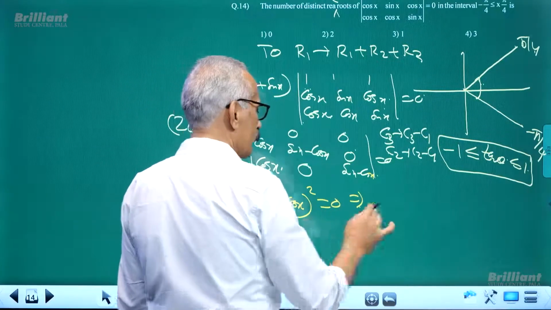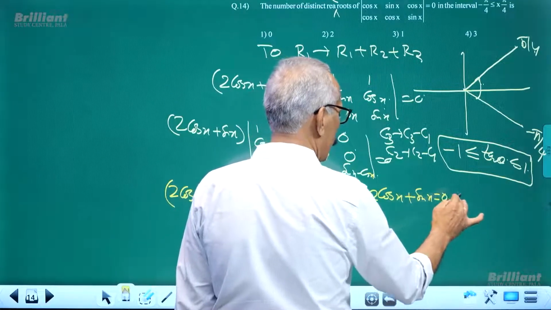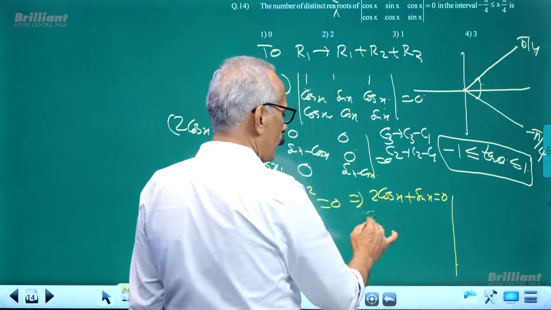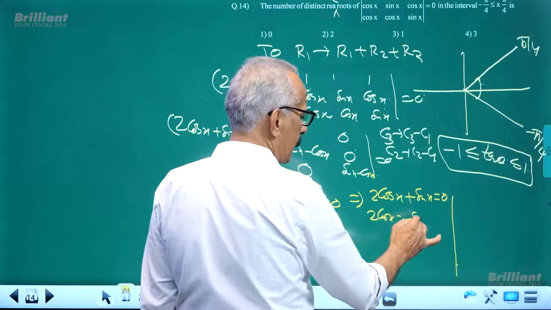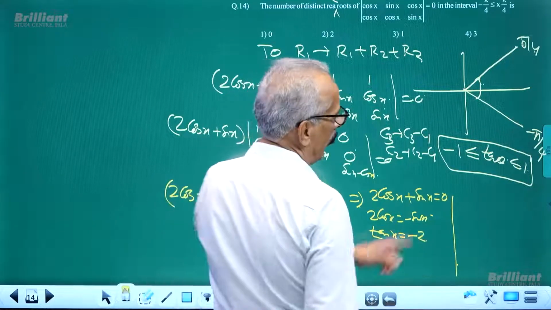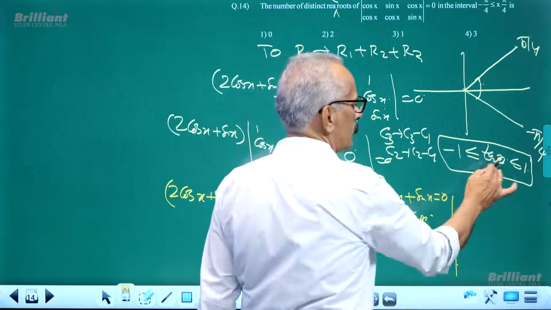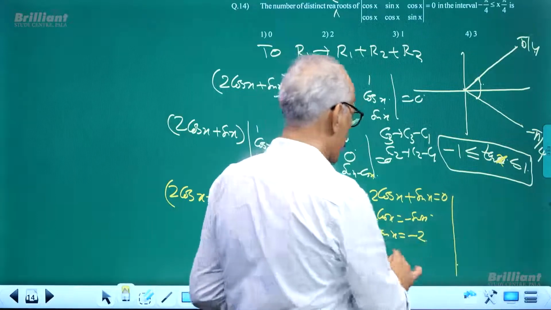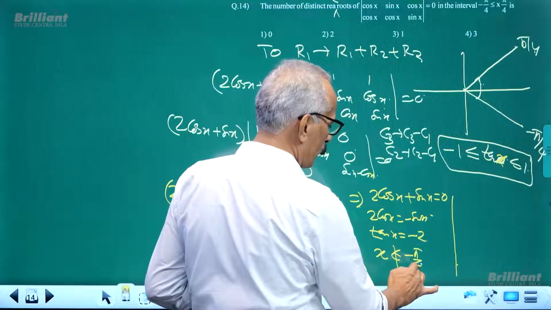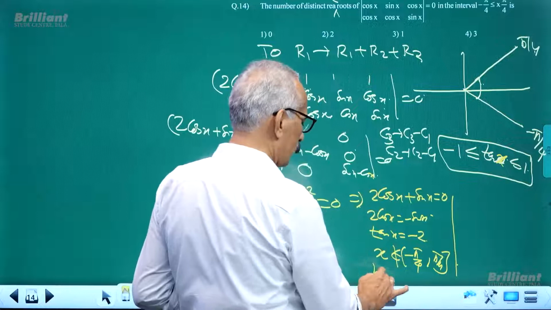This will become 2 cos x plus sin x equal to 0, or 2 cos x is equal to minus sin x, or tan x is equal to minus 2. I told you, tan x should lie between minus 1 and plus 1. Therefore, x does not belong to minus pi by 4 to pi by 4. So no solution here.